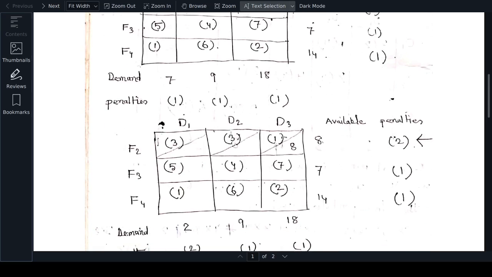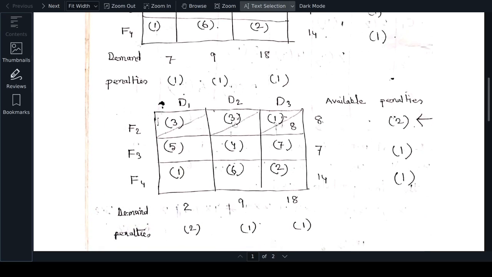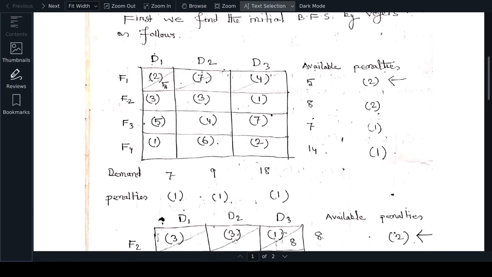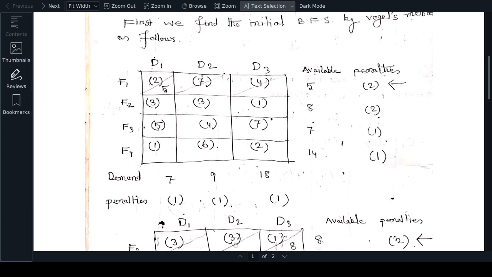So maximum penalty is 2, and this 2 is not unique. In the first row and second row the penalties are 2, 2, means a tie. So you choose any one, first row or second row.